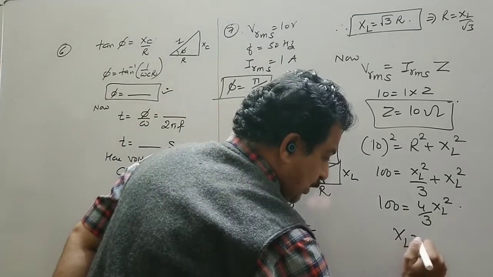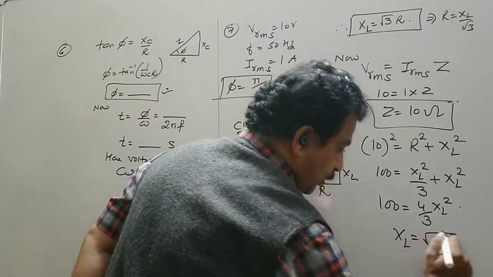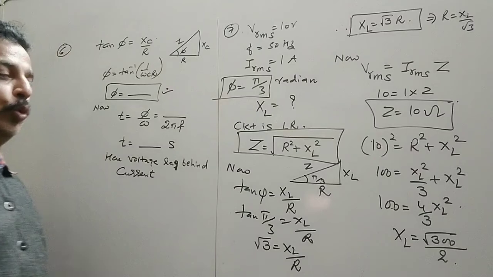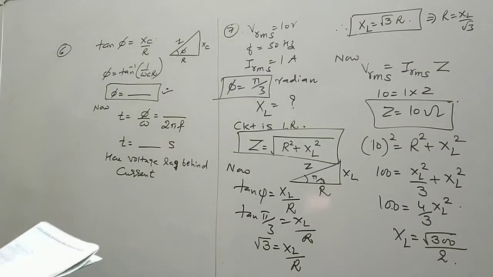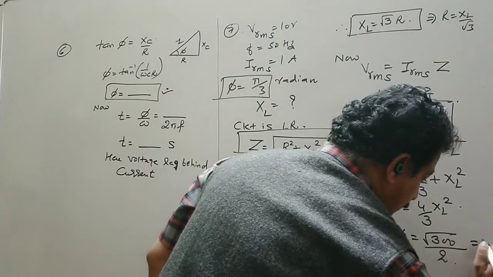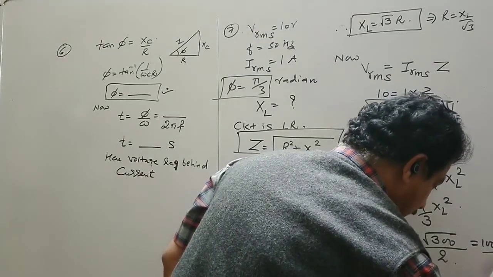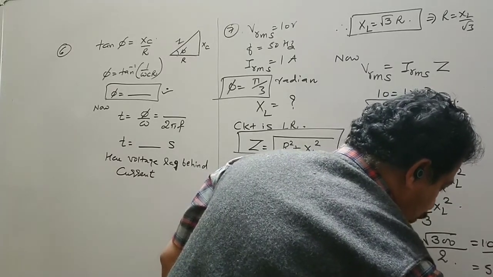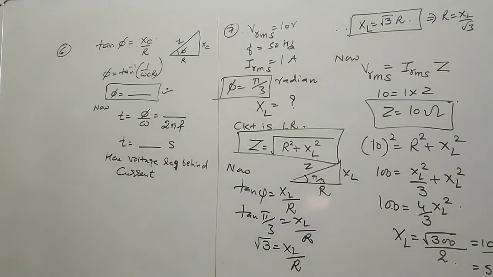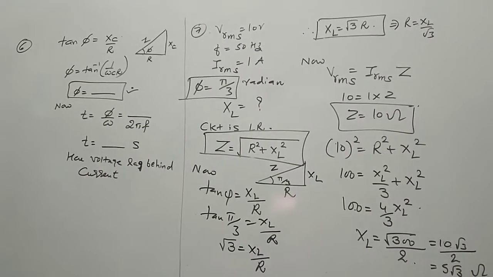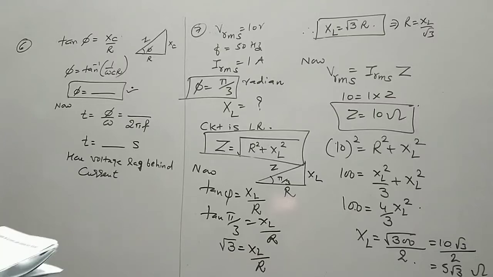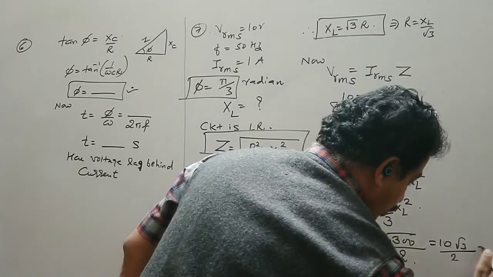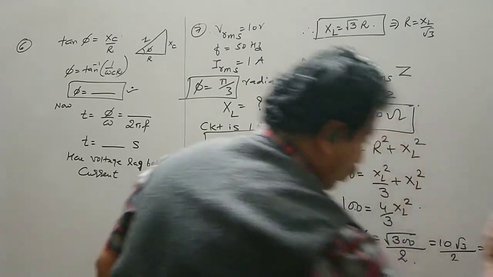So XL is equal to under root 300 divided by 4, that is 10 root 3 divided by 2, which is equal to 5 root 3 ohms. So this is option A.